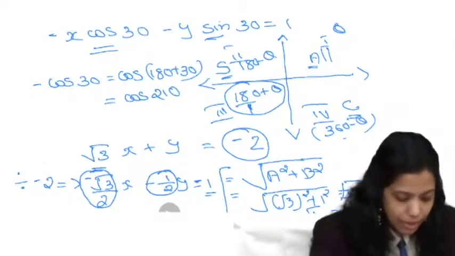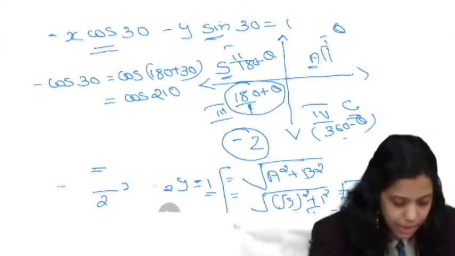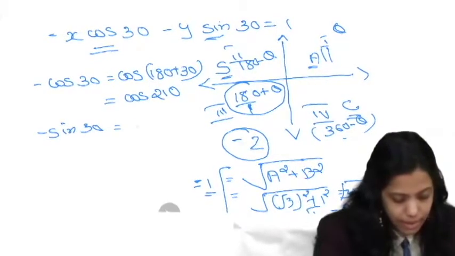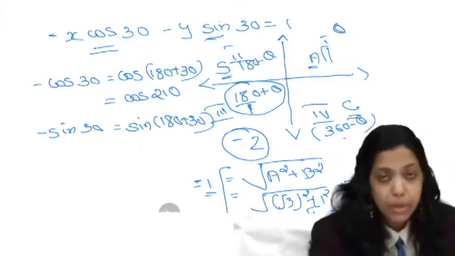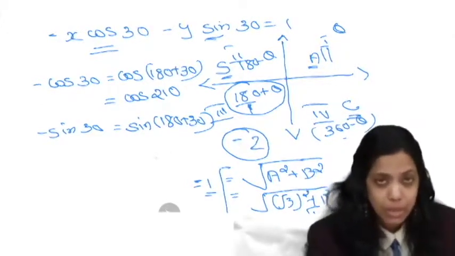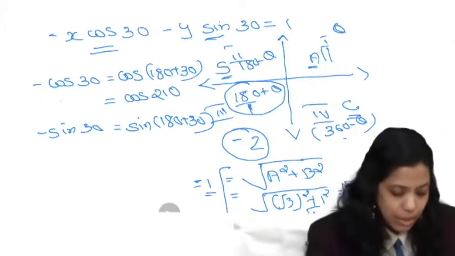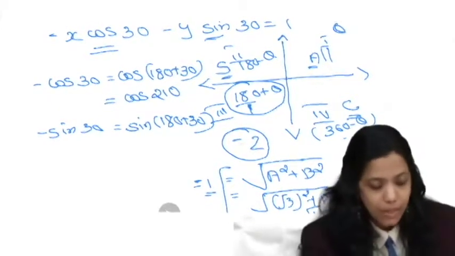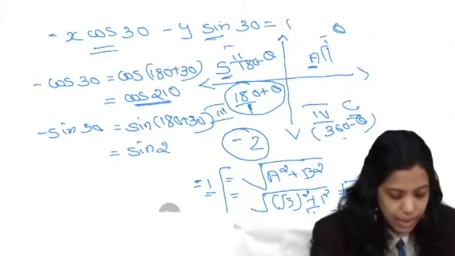In the same manner we can replace minus sin 30 by sin of 180 plus 30. There is no change if you are considering an even multiple, 2 times 90. For an even multiple, there is no change for that ratio. It remains as itself. So minus cos 30 turns into cos of 180 plus 30, which is cos 210. The second one also gives sin 210.